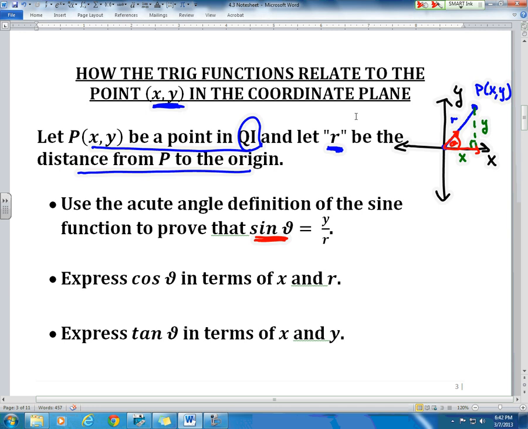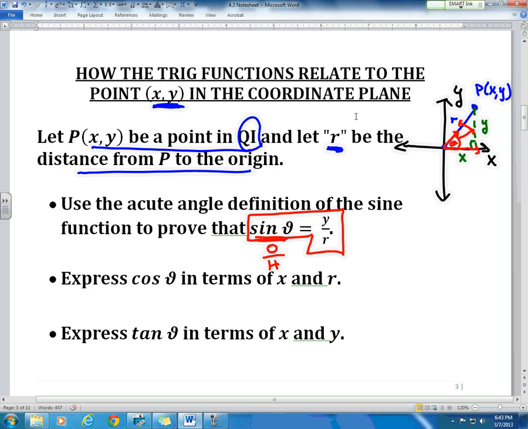Remember, sine is the same as opposite over hypotenuse. So look at this triangle. The opposite side of angle theta is y, and the hypotenuse is r. So we can say, based on this point idea, point P, that sine of theta is actually equal to the value of y over the value of r.